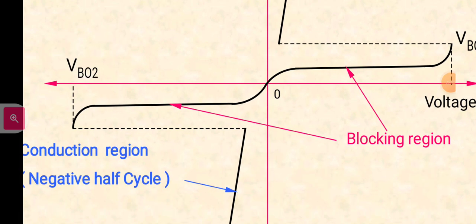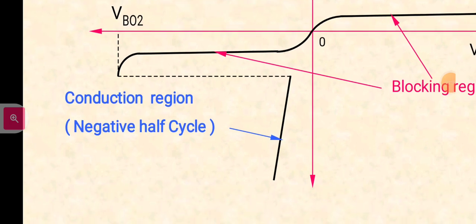Next, in the third quadrant, it is the negative half cycle, which means reverse bias. During reverse bias, the terminal T2 is positive with respect to T1, and if the applied voltage is less than VBO2, a small leakage current flows through the device. When the voltage exceeds VBO2, it starts conducting.